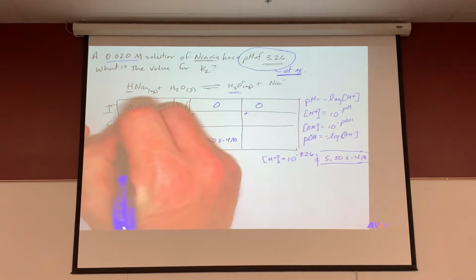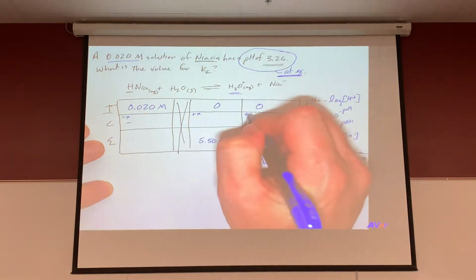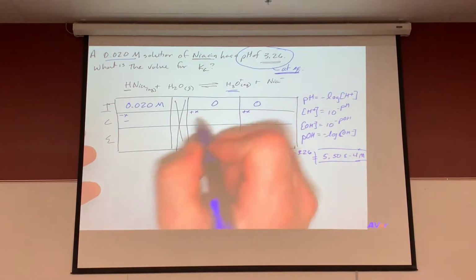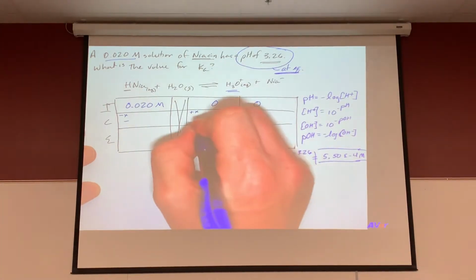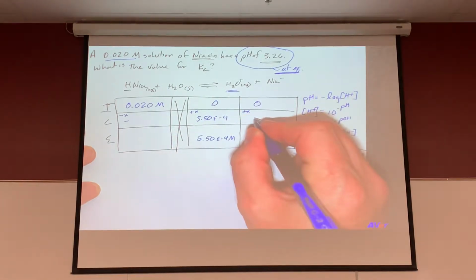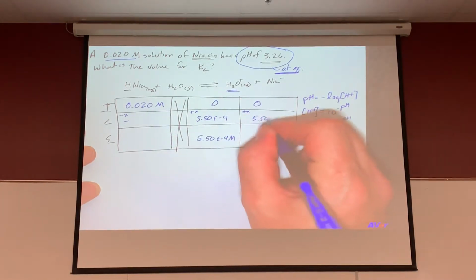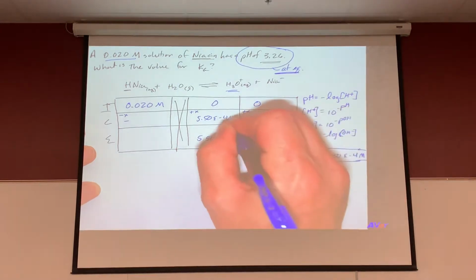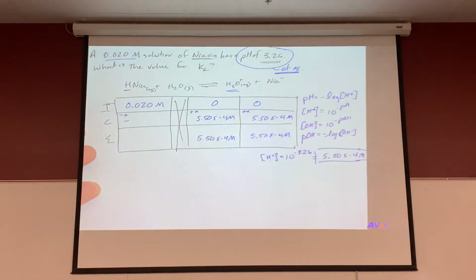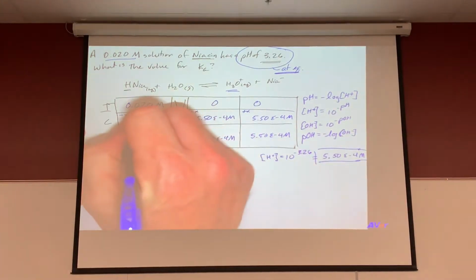How about if I put x, and then x, and then x? What's this number? What's this number? And bottom down here, 5.50 times 10 to the negative 4 molar. And since it's all 1-to-1 ratio, same thing over here.